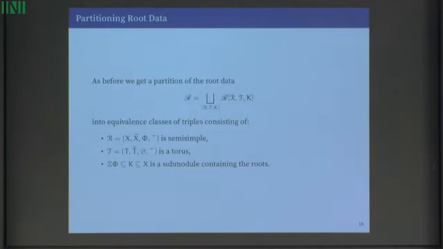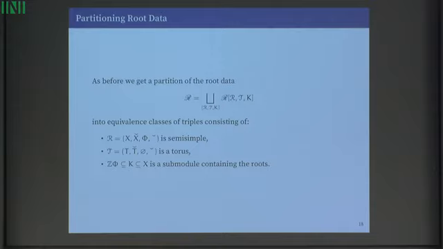Okay, so now as before, you're going to get a partition of root data based on equivalence classes. So you're going to have semi-simple root data. You're going to have tori, and now you're going to have some submodule in X which contains the roots. Now this equivalence from before, you have the group of graph automorphisms acting on the fundamental group of the root system.